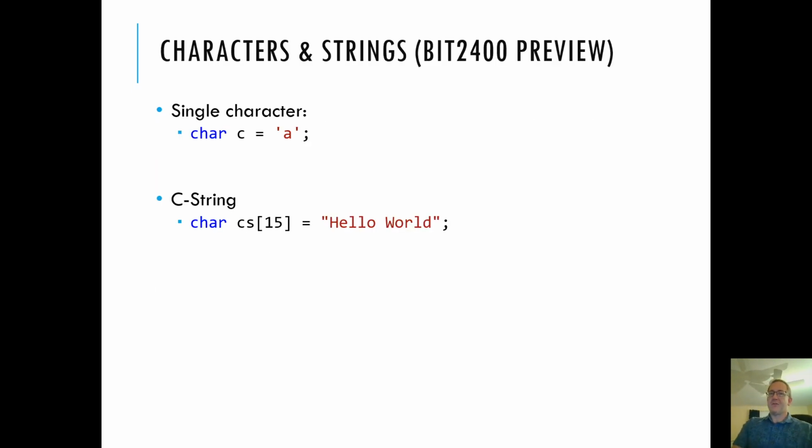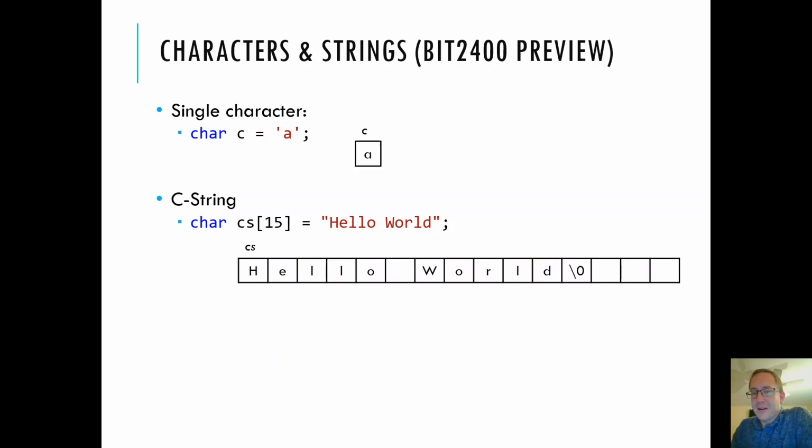And then finally, the BIT1400 preview. We talked about C strings being hello world. We have this 0 at the end. And then we have these functions that I could call to help me with my strings, like str, string. Well, the string objects, so here's what we had before. String objects do things a little bit differently.